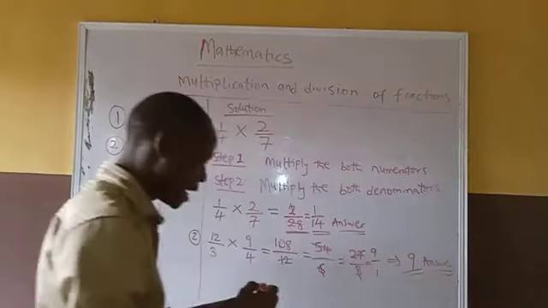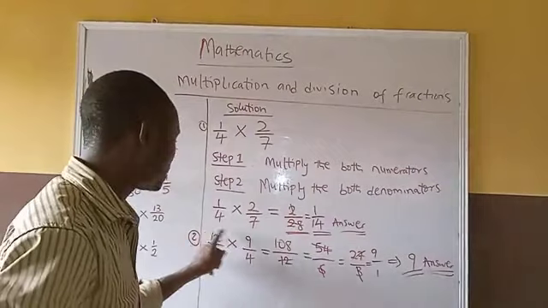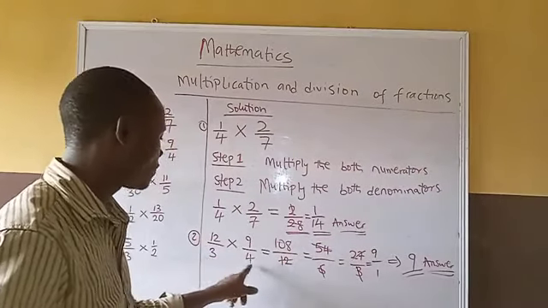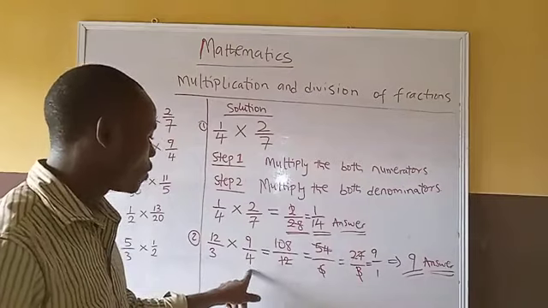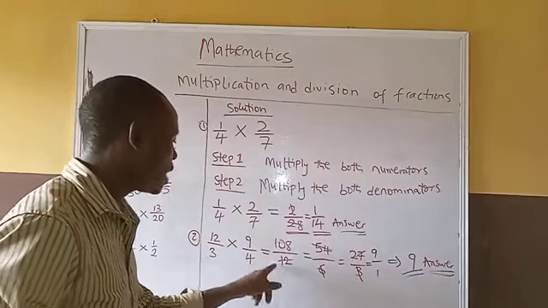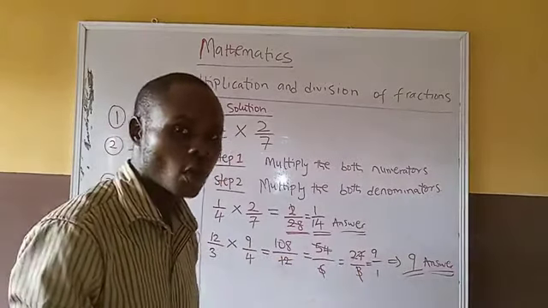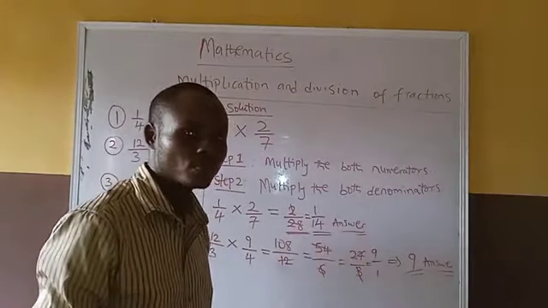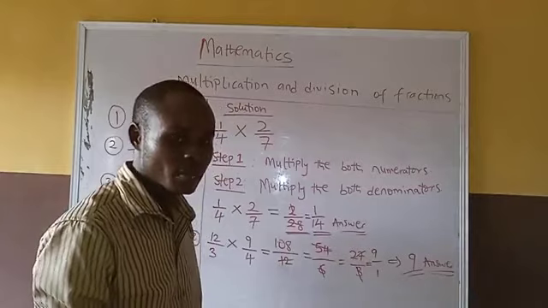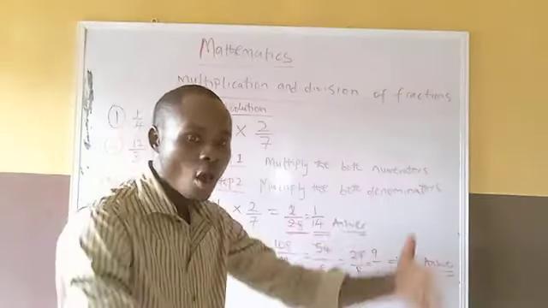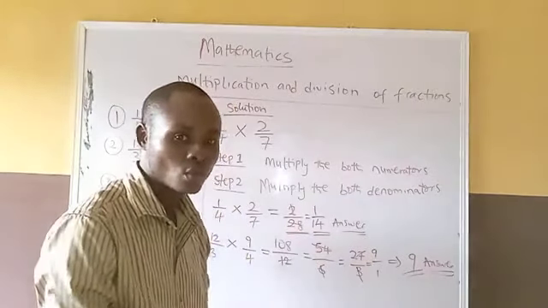If you are given something like this, multiply this by this, give you 108. This by this, 3 times 4 will give you 12. Now 12 going into 108 is going to be 9. But for us to understand it, let's break it down. We are avoiding using a calculator or using a very long sheet to do calculation.